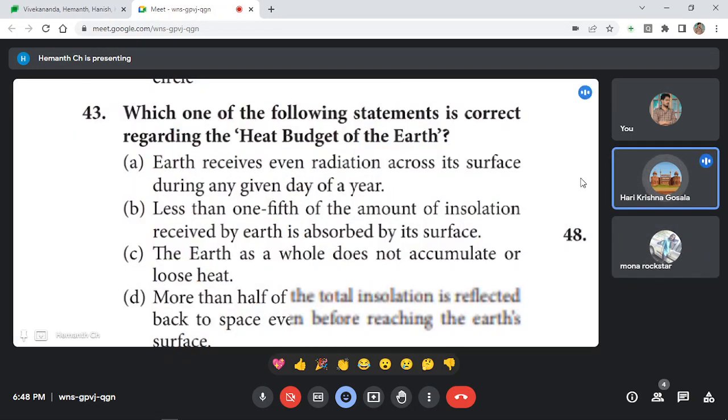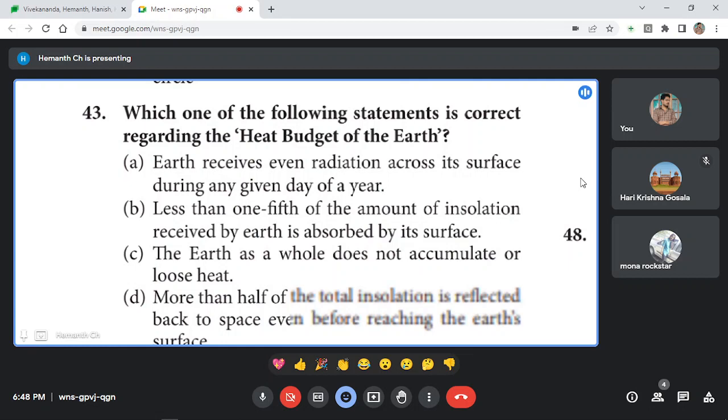I think C: the Earth as a whole does not accumulate or lose heat.